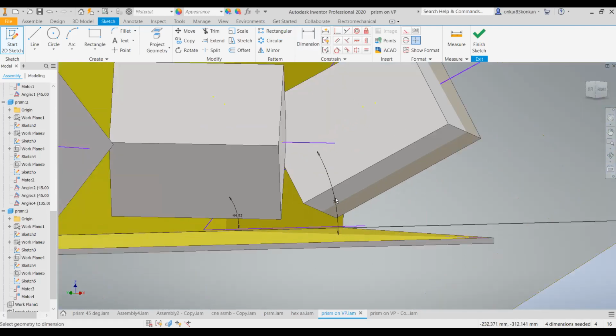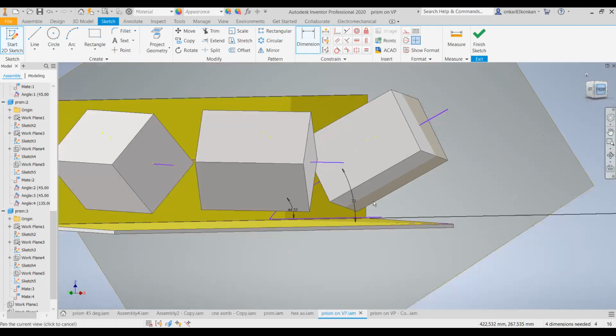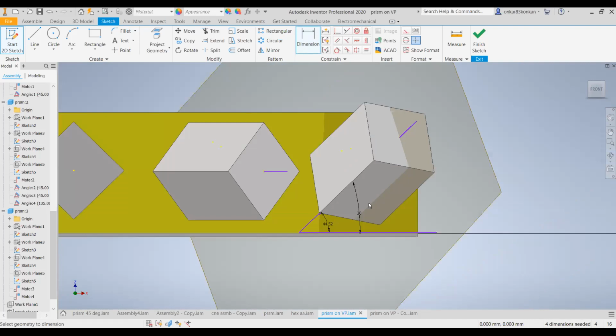This angle 30 degree is in a different plane, and this 45 degree is in a different plane. So the apparent angle is always greater than the true angle. So how to find out this apparent angle, and how to rotate this front view so that we will get the exact angle in the third stage front view?